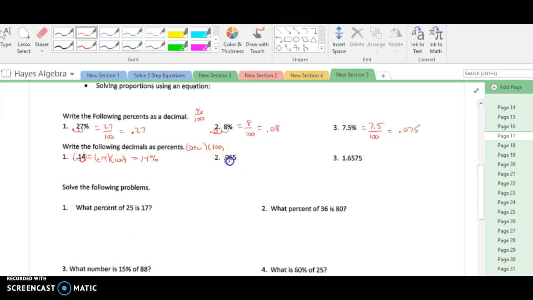So here, I can move 2 places to the right, or I can take 0.065, multiply it by 100, and get 6.5%. And the last one, 1.6575 times 100 would give you 165.75%.